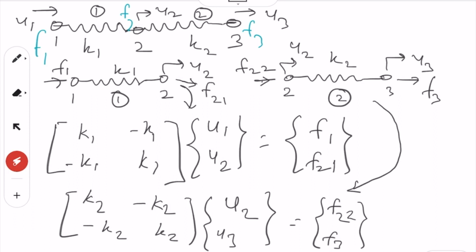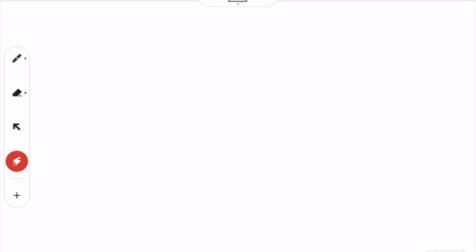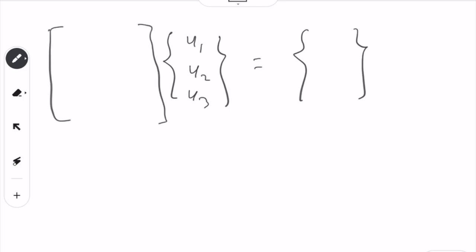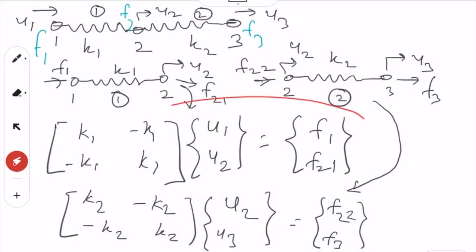So we have to write U1, U2, U3 is equal to, and there will be a 3 by 3 matrix here. How? By combining these two, right.